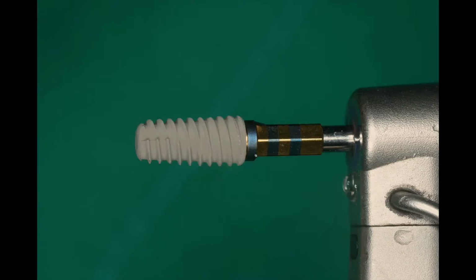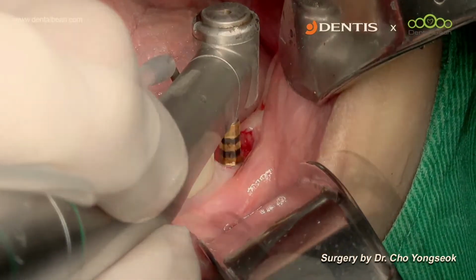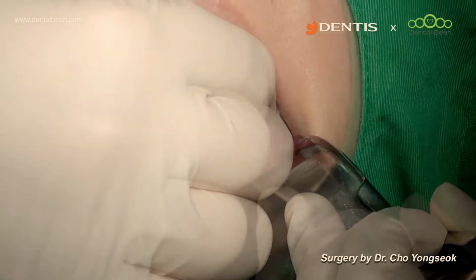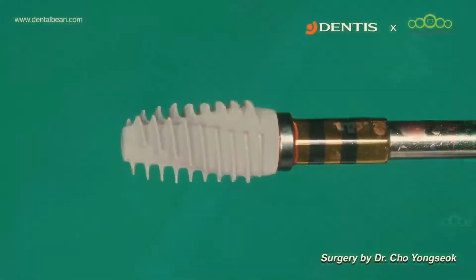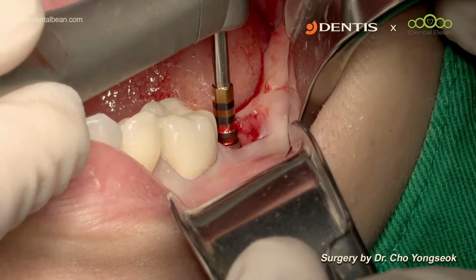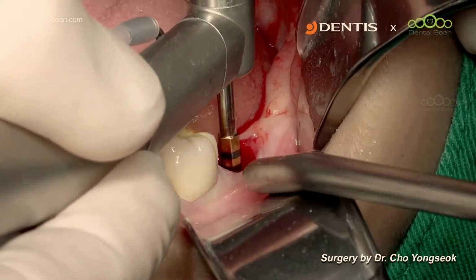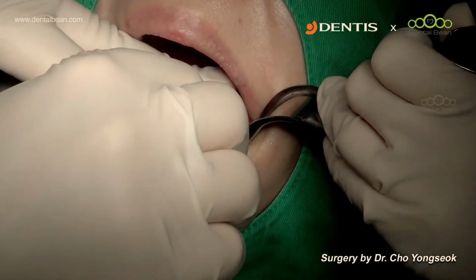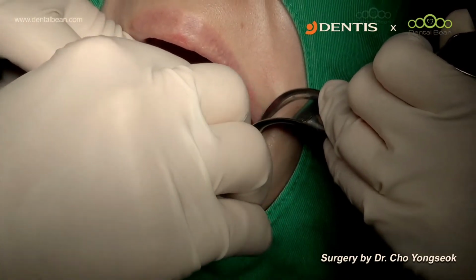Then I selected a 4.5 by 9.5 SQ implant. I advanced, but I couldn't get primary stability. I decided to change the implant to an XL implant. The XL implant has a strong self-tapping ability, so I can get nice primary stability.